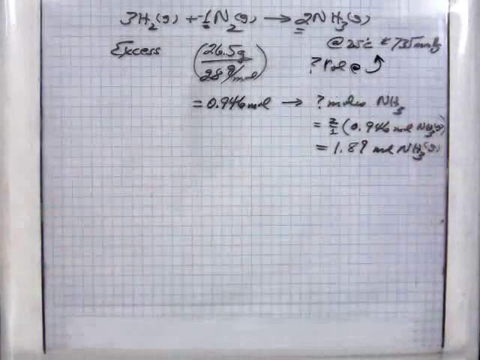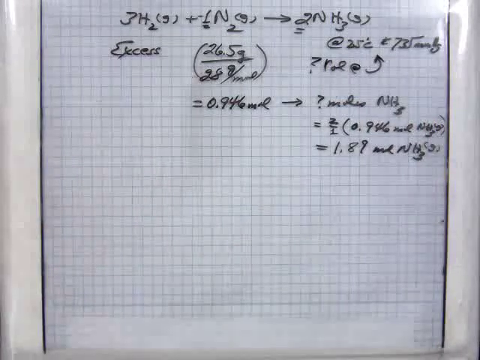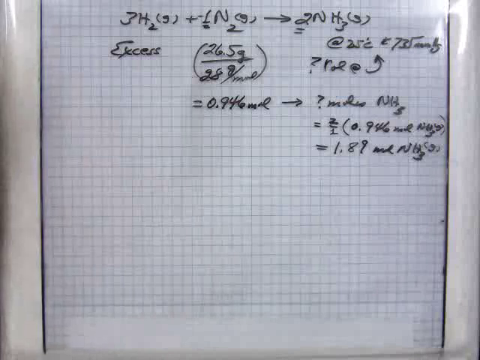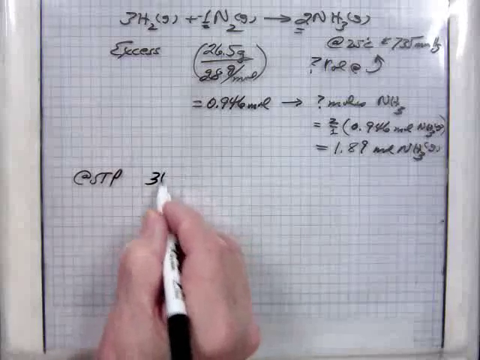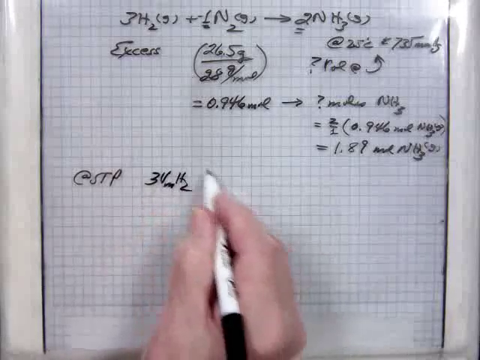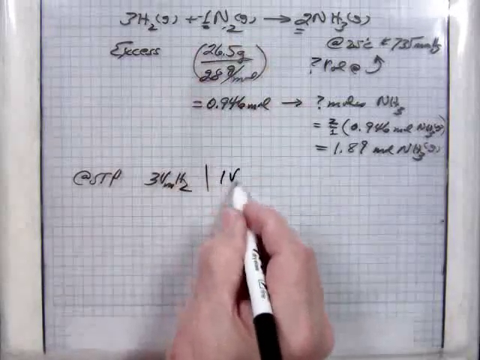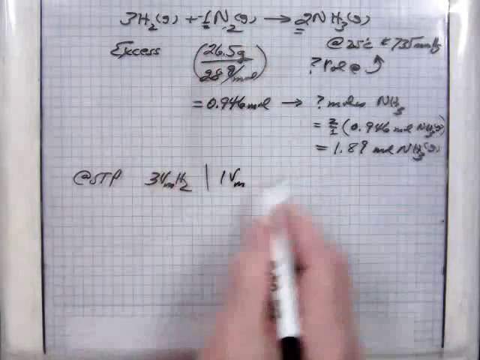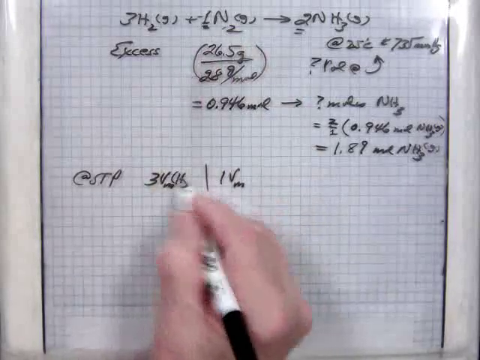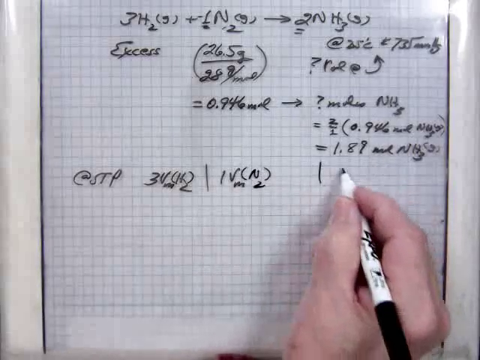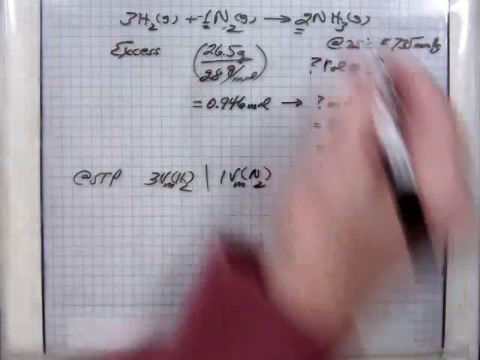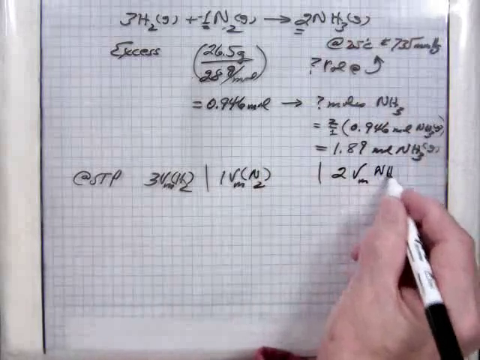Well, the issue is you must start at STP and convert to non-STP. Well, at STP, we know we have 3 molar volumes of H2 gas. We know we have 1 molar volume in the equation of N2 gas and 2 Vm of NH3 gas.